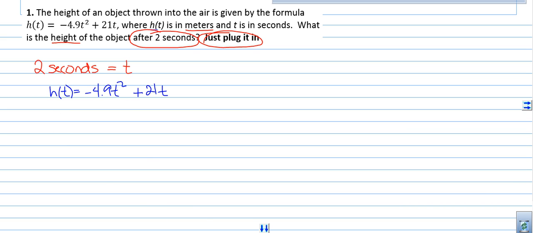So I'll have h, and then I'll put a parentheses, equals negative 4.9, and then I have a t, so I'll put a parentheses, plus 21, and then I have a t, so I'll put a parentheses.